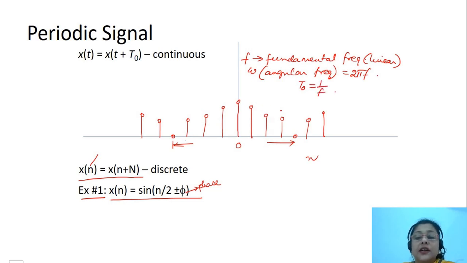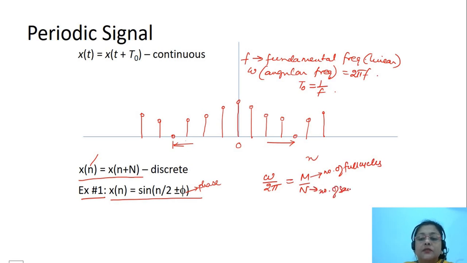Now one necessary condition for a signal to be periodic in nature is omega by 2 pi should be a rational number, m by N, where m is the number of full cycles and N is the number of samples.